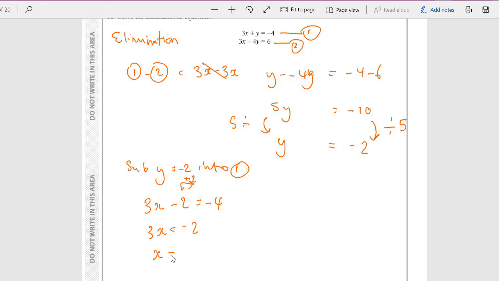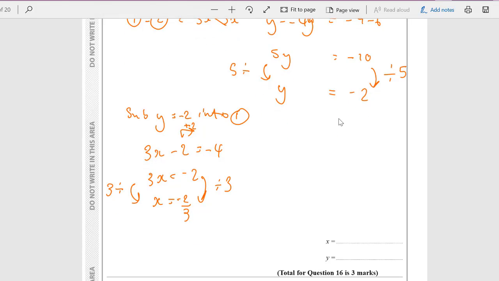So x equals minus 2 over 3. So we divide by 3. So that means x equals minus 2 over 3 and y equals minus 2.